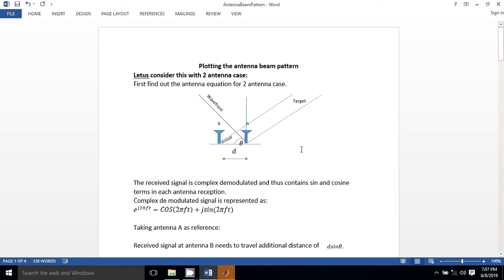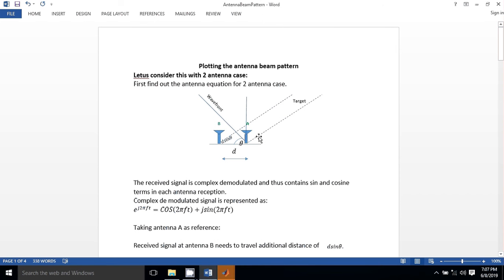Now considering the signal is coming in this direction and the wavefront is making an angle of theta with this horizontal, we can say the signal received at antenna A, if we consider it as a reference, will reach antenna B with some delay.